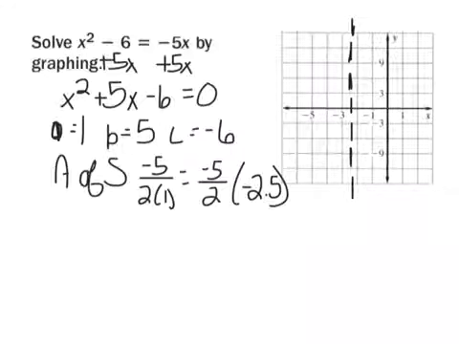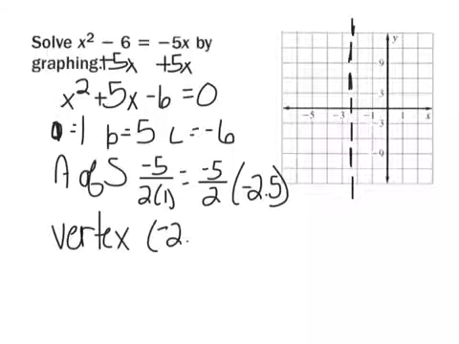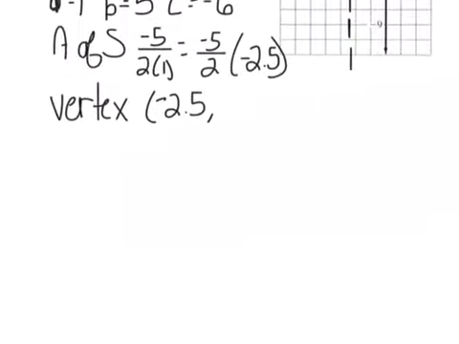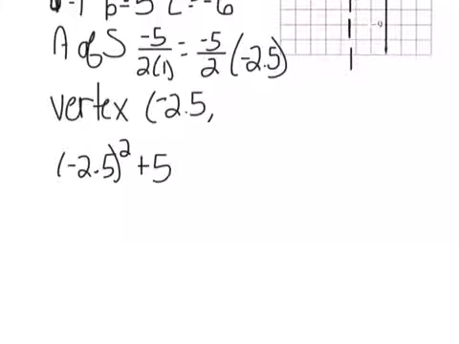Okay, and once I have that, we're ready to find our vertex, which we just found the x-coordinate is negative 2.5. So I'm going to plug that into my equation. Okay, so what I really have is negative 2.5, that's in parentheses because the negative is going to be squared, plus 5 times negative 2.5 minus 6.